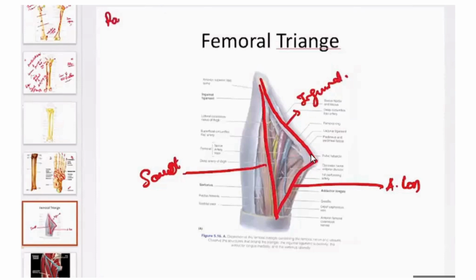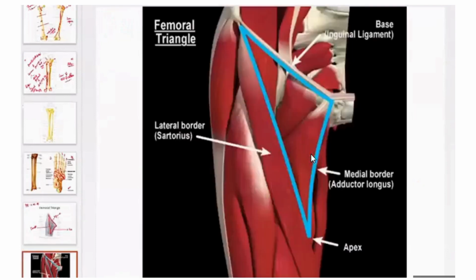Roof is formed by superficial fascia and deep fascia. Floor is formed, in this picture, by adductor longus, pectineus, tendon of psoas major and iliacus.